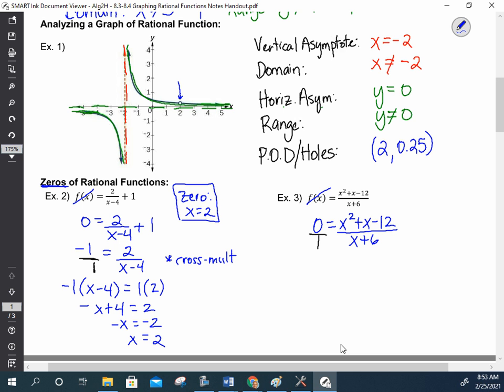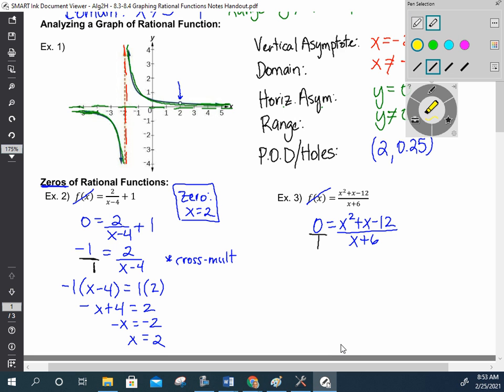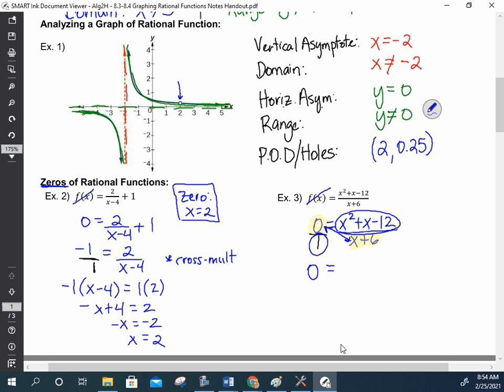This time when you cross multiply, 0 times x plus 6, well, anything times 0 is 0. If you multiply these two together, nothing changes. So if you cross multiply, you end up with that.